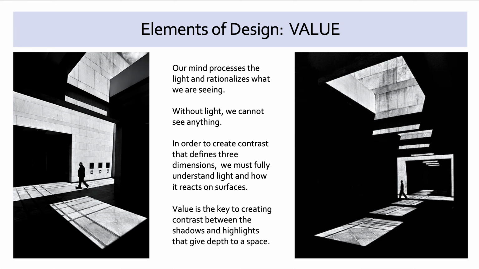We need light in order to see, because we need that light to hit objects to illuminate them, but also to bounce off objects to give us a sense of depth and perception. And in order to create contrast, which is part of three dimensions, we have to understand light and how it reacts on surfaces. And value is the key to creating that contrast between the shadows and the highlights that define depth within a space.